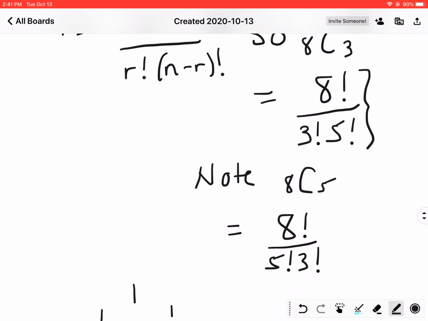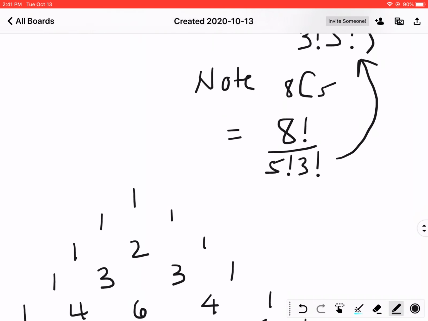Notice it's 8 factorial over 5 factorial, 3 factorial. Well, this is the same as that up there. The 3 and the 5 are reversed, but multiplication is the same when it's reversed, so they're the same thing. That's pretty important.